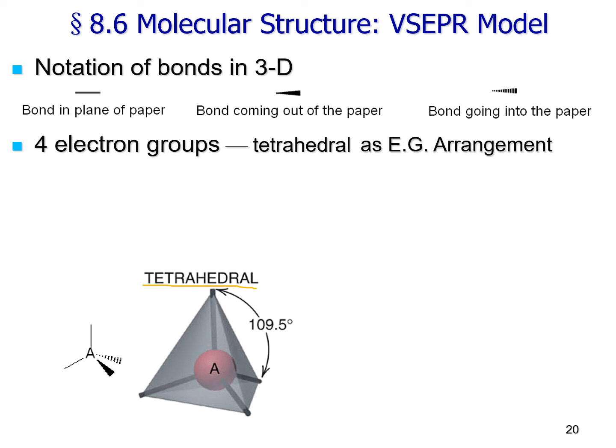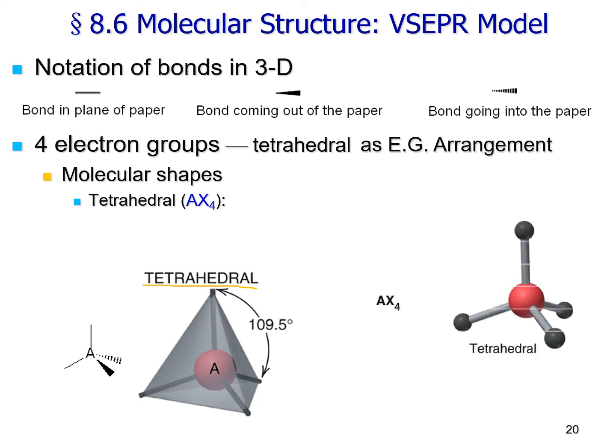All right. Remember, as we said, as long as I find out the number of electron groups, the geometry is pretty much set. But the shape is different, because shape depends on just how many bonding atoms we have for these electron groups. If every single electron group has a terminal atom, then the arrangement is the shape of the molecule, which is tetrahedral.